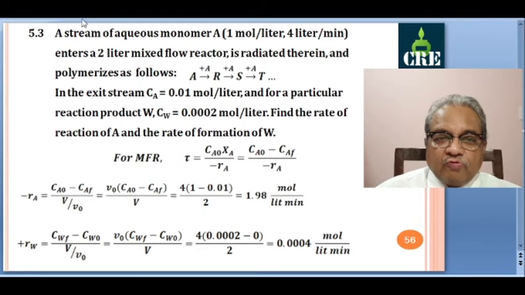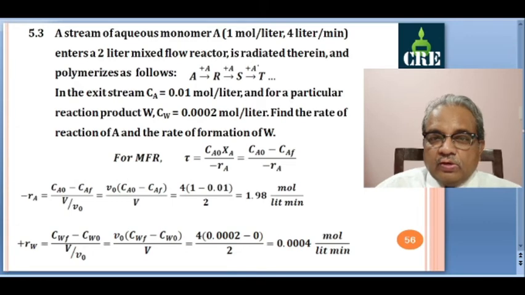Next, problem 5.3. A stream of aqueous monomer A, 1 mole per liter, and 4 liters per minute is the volumetric flow rate, enters a 2-liter mixed flow reactor, is irradiated therein and polymerizes as A gives R, gives S, gives T, and so on.